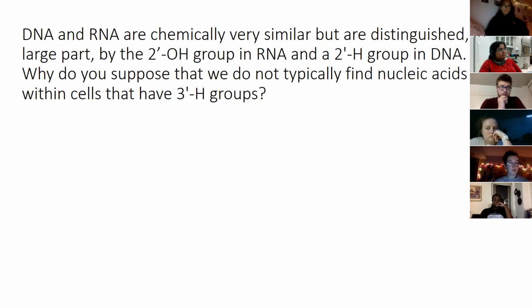It wouldn't bond with the other groups that it would need to bind with in order to complete the double helix, or at least the DNA. Wait, are you talking about the hydrogen bonds that are in between, or the phosphodiester bonds? Oh no, the hydrogen bonds.